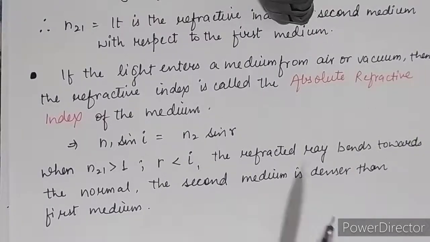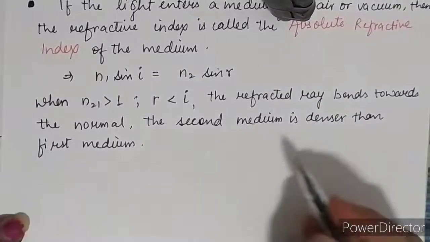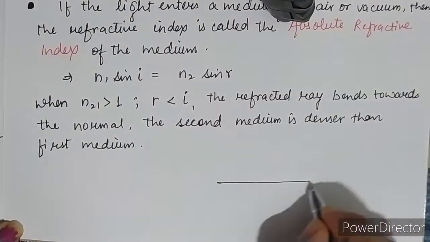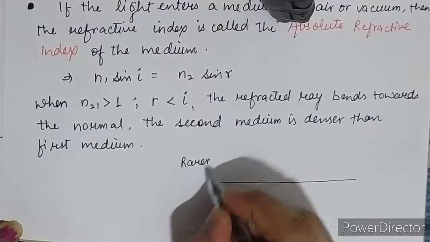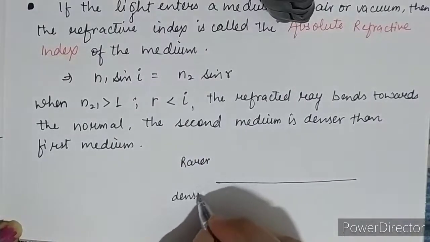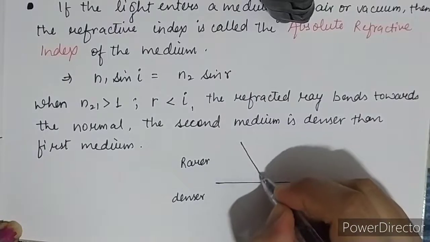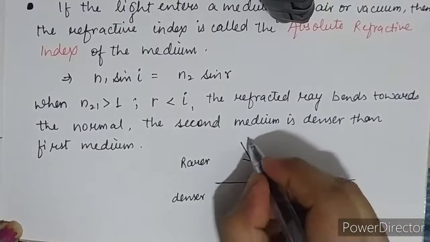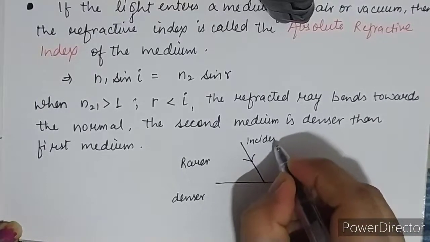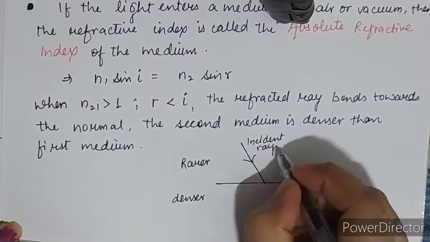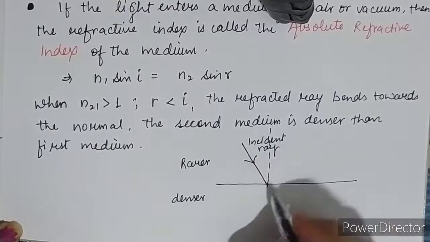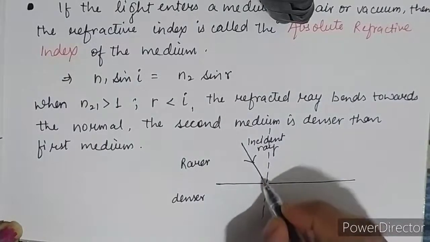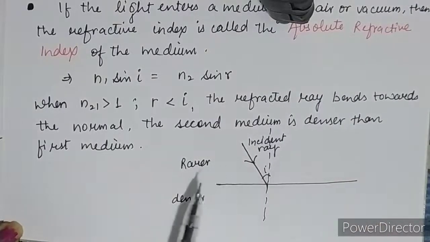Okay, I am just showing you how. Suppose here is your rarer medium and here is your denser medium. When the light ray is coming, the incident ray, and it is incident on the point, then after refraction it enters from rarer medium to denser medium, beta.